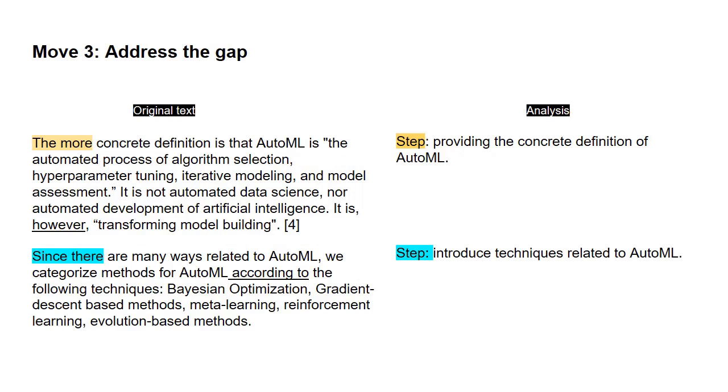And here is how to address the gap. This sentence provides the concrete definition of the object, which is AutoML. It tells us AutoML is the automated process of algorithm selection, parameter tuning, iterative modeling, and model assessment.